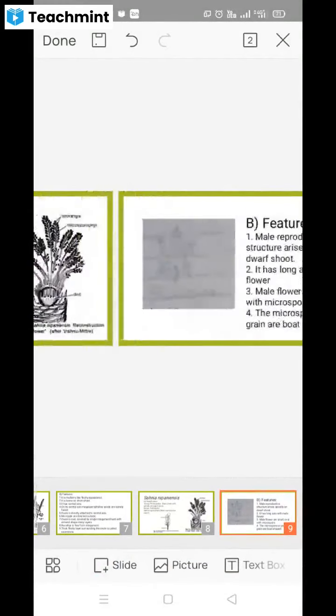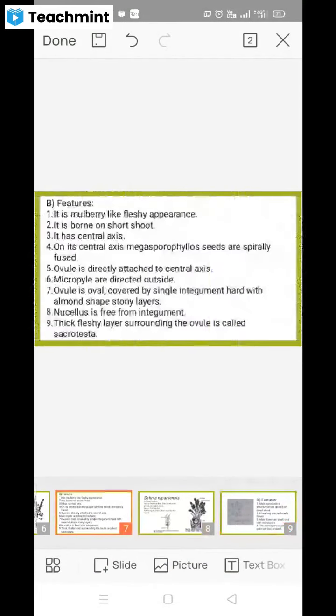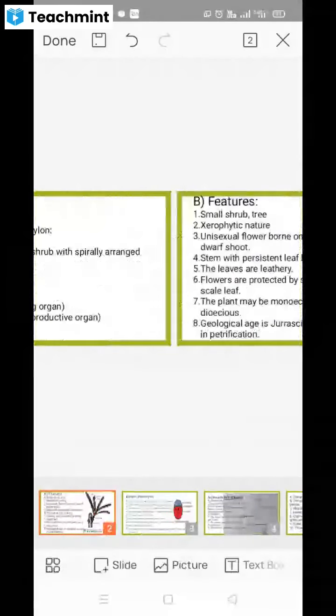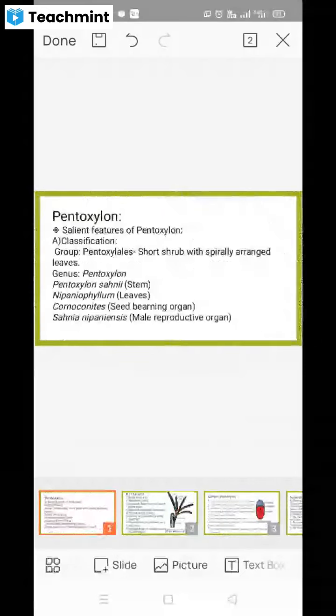So for today's lecture we have totally discussed the pentoxylon. Pentoxylon comes under the group Pentoxylales because it is a short shrub with spirally arranged leaves.